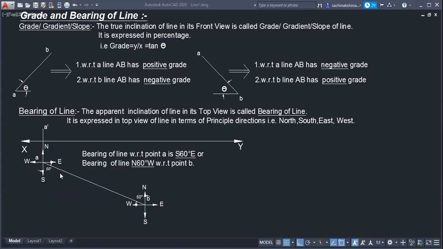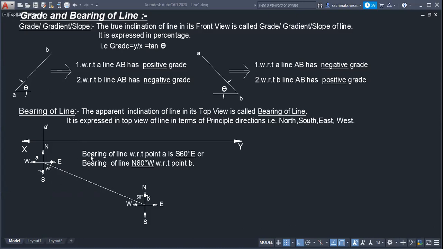Yes, sir. How can we calculate? 90 minus angle. Very good. We can go for 90 minus whatever that angle. That's why it is called indirect beta.